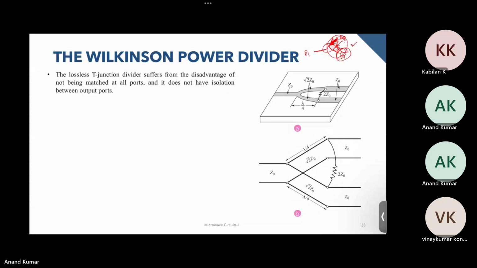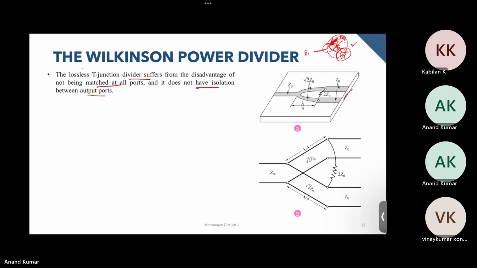So the lossless T-junction divider suffers from the disadvantage of not being matched at all the ports, and it does not have isolation between the output ports. If it is lossless, it is not matched.